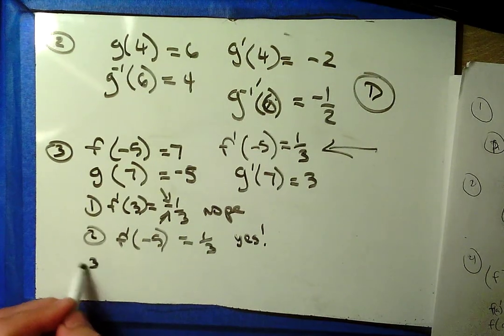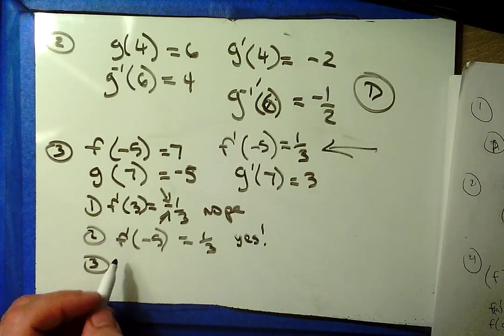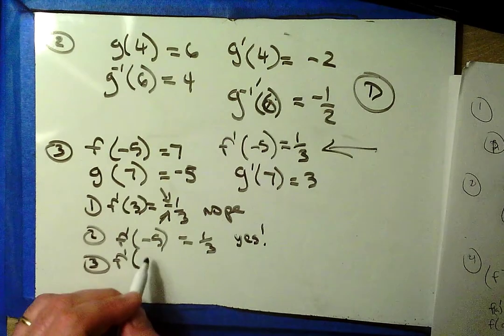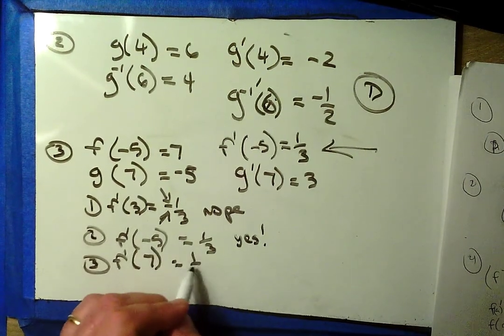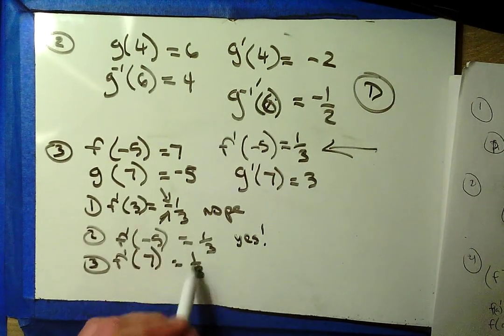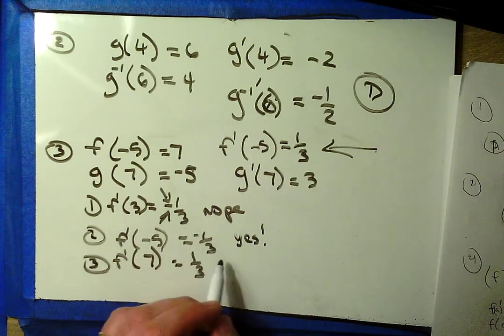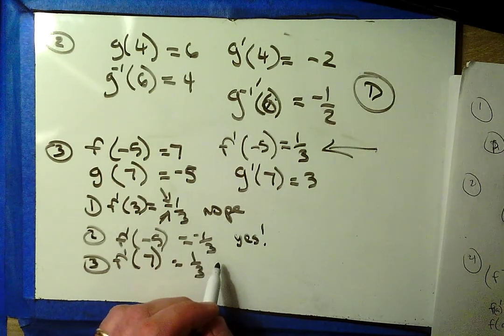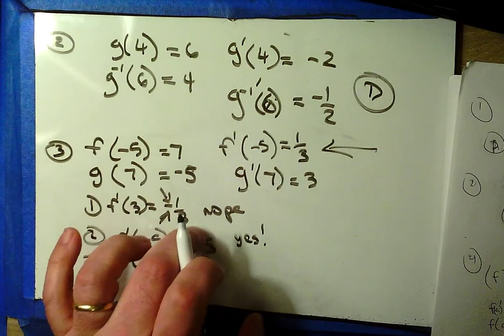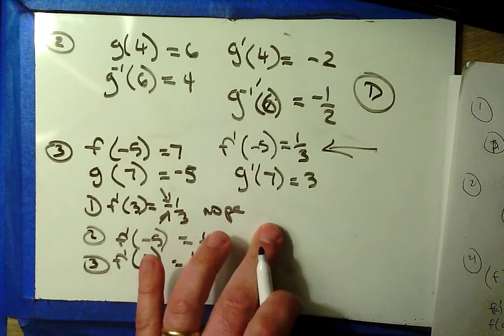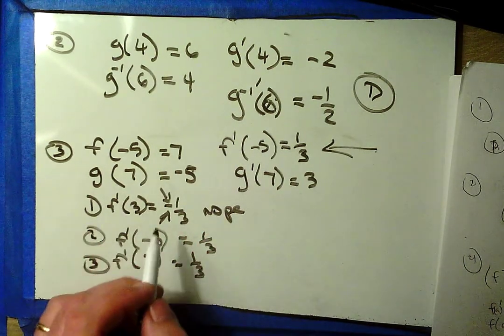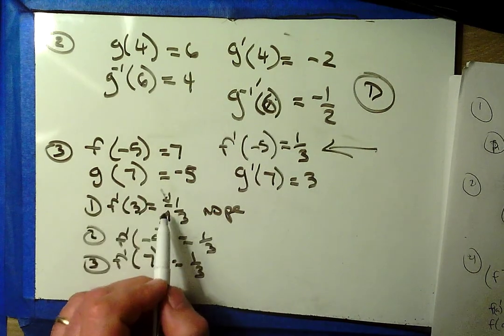And 3 says f prime of 7 equals positive 1/3. Again, with the positive slope, I can't have that positive slope. Hold on a second. This says negative 1/3. I can't have this.